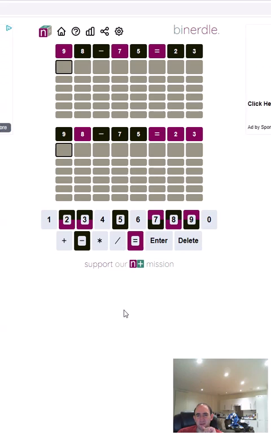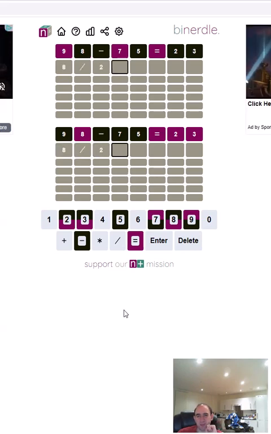We could do 8 over 2. Now what? We can't do plus 3 plus 1 because that doesn't give us enough space. So that's 4. We have to use the 3 somehow.